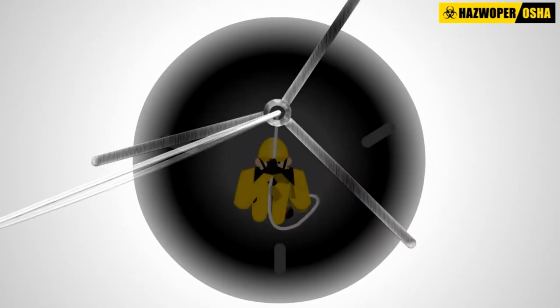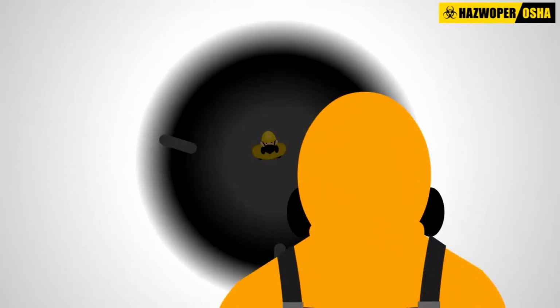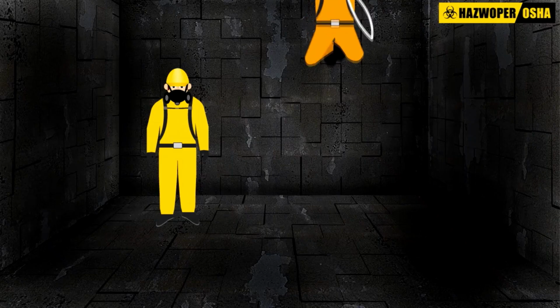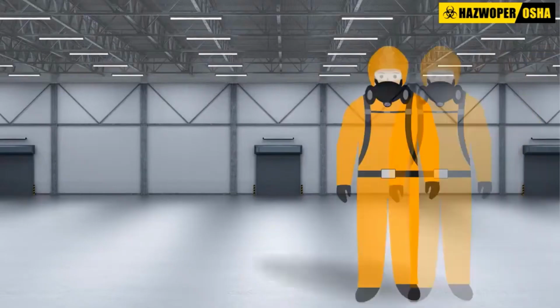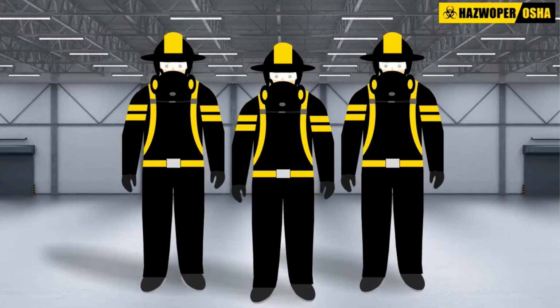Entry rescue. Under certain situations, non-entry rescue might not be feasible. If so, the only way to rescue the entrant is for others to enter the permit space. For entry rescue, the employer may plan to use an on-site rescue team or an off-site team, such as a local fire department or other rescue service.